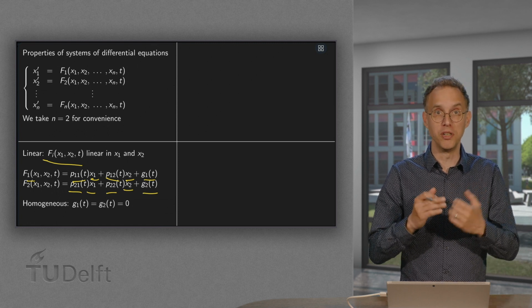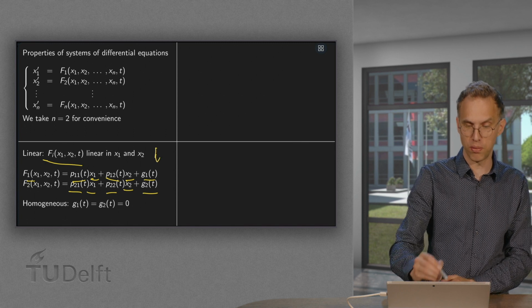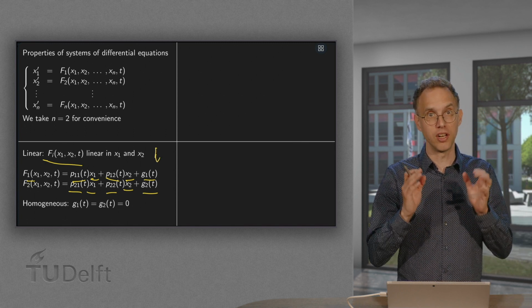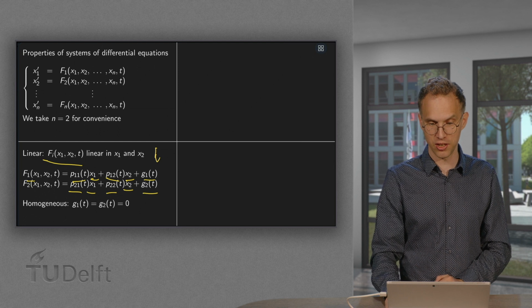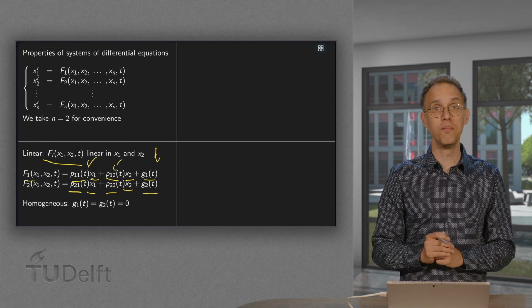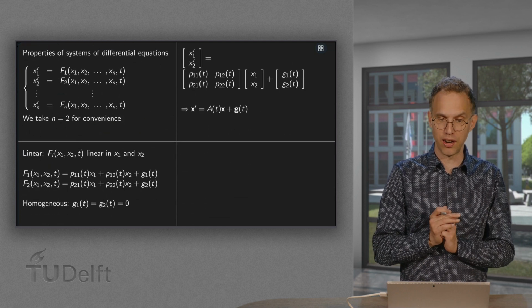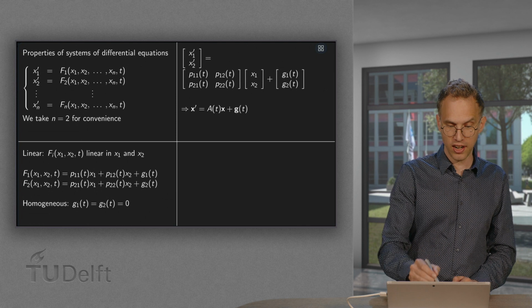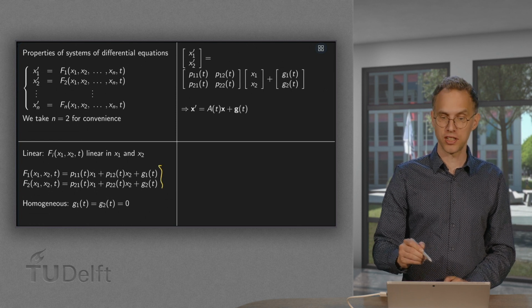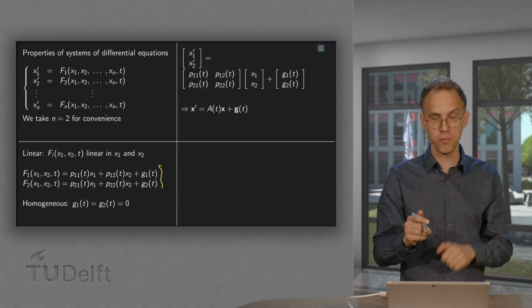Now, what does homogeneous mean? Homogeneous means that those g1 and g2 are both equal to 0. So that's what we mean with homogeneous. You'll see already with these numbers here that a matrix is coming shortly. And there we are. We can rewrite the system over here as a matrix equation: x1 prime, x2 prime equals f1, f2.